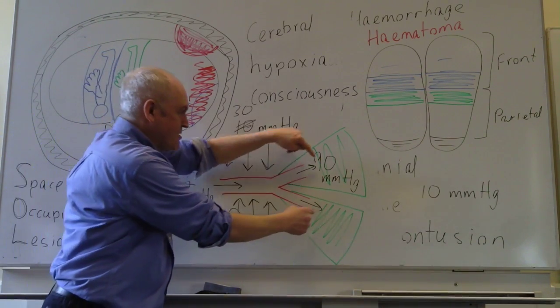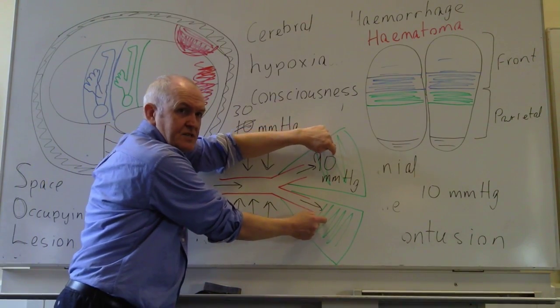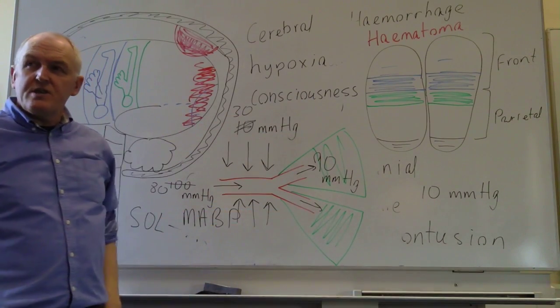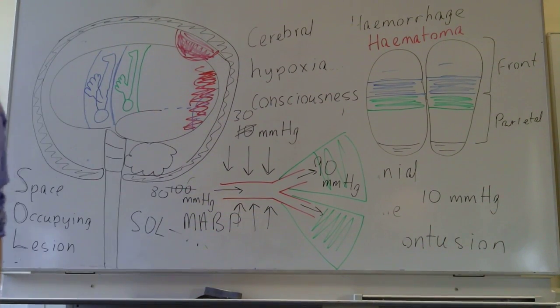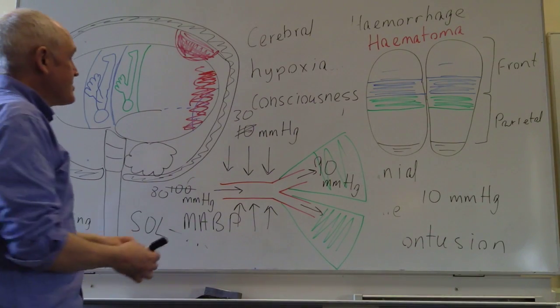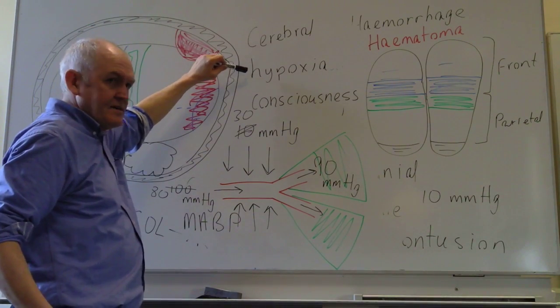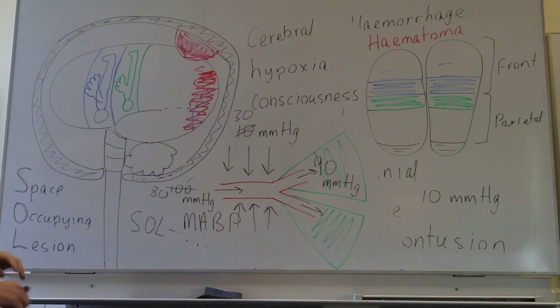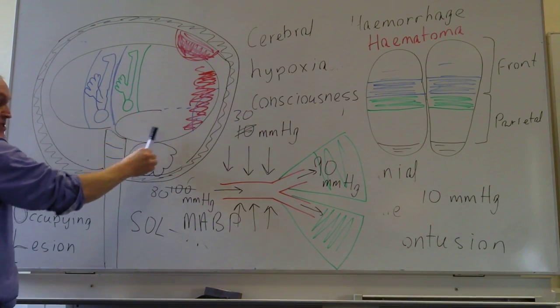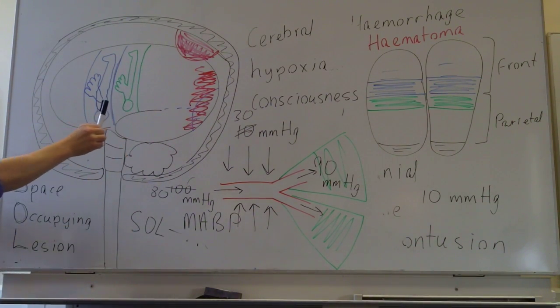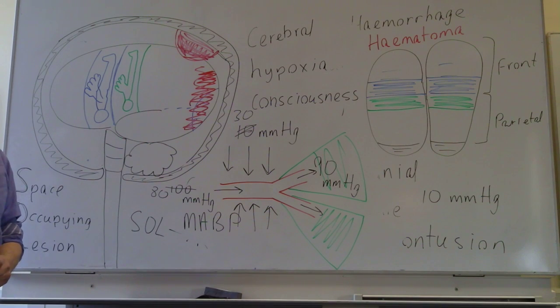That's reducing the amount of blood that's getting to the brain tissues. If you reduce the amount of blood, you're reducing the amount of oxygen. That's going to cause cerebral hypoxia. That means the brain can't generate energy as usual, and that means the brain can't generate consciousness as usual.